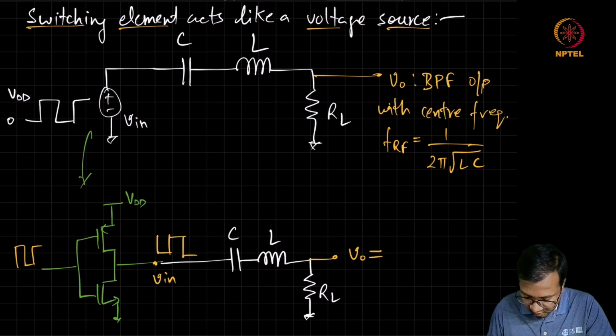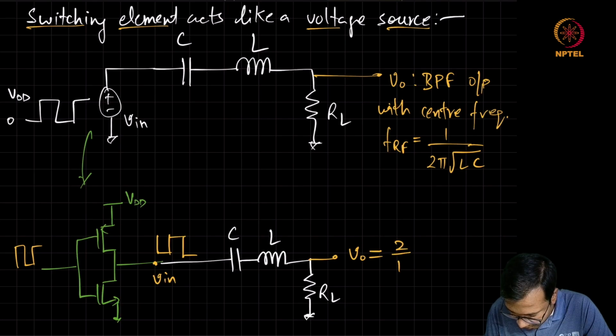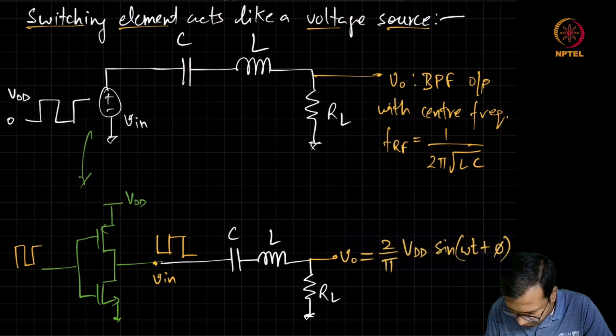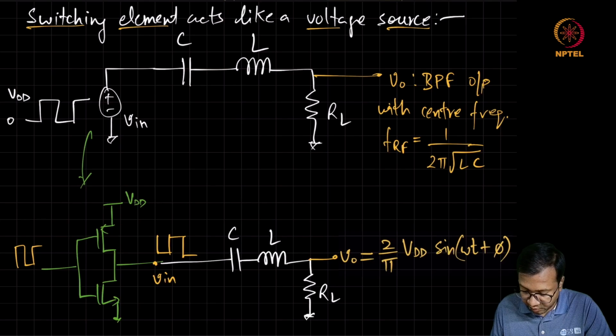Then we are going to get voltage output 2 by pi and it's going to be sinusoidal with some phase component.